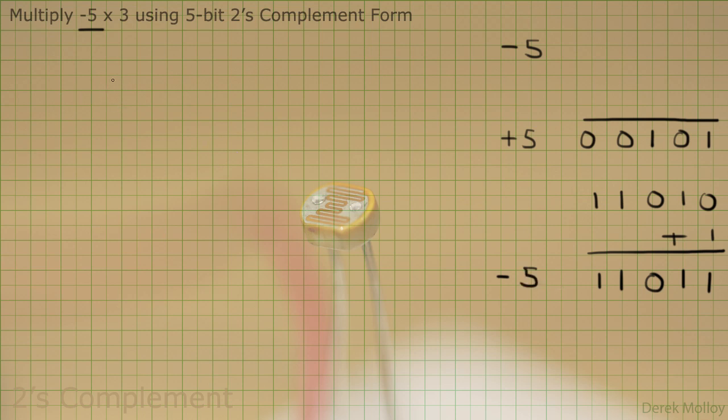So let's write it down like that. So we want to go minus 5 multiplied by plus 3. I'll just write down as 3. So leave a bit of space because we're multiplying. So that's 1, 1, 0, 1, 1, where this is our sign bit, and these are all our magnitude, times plus 3. So plus 3 is positive, 0, 0, 1, 1.